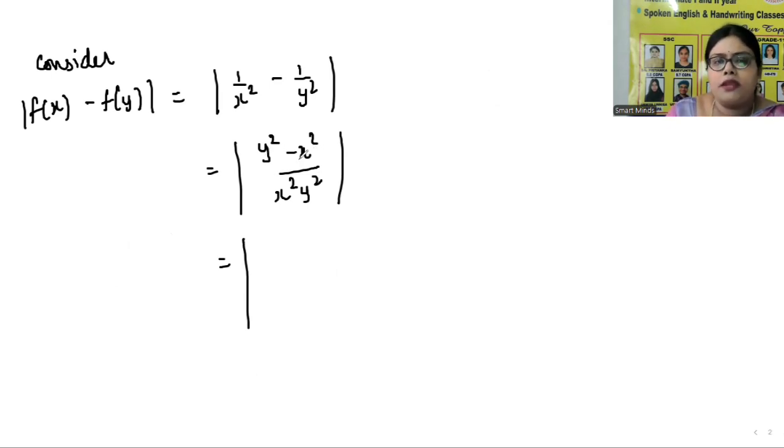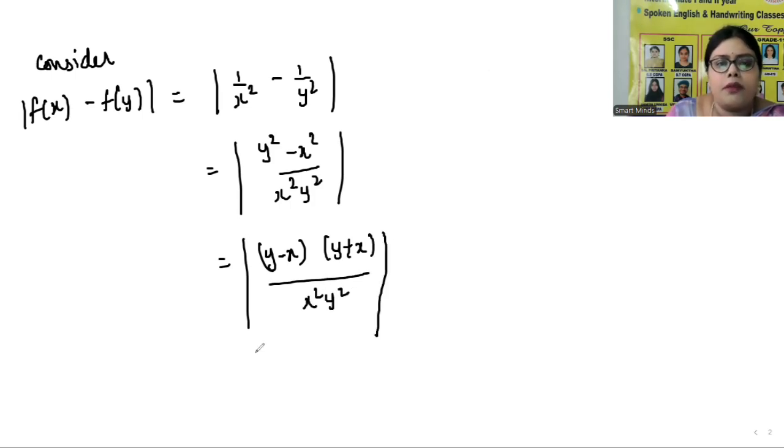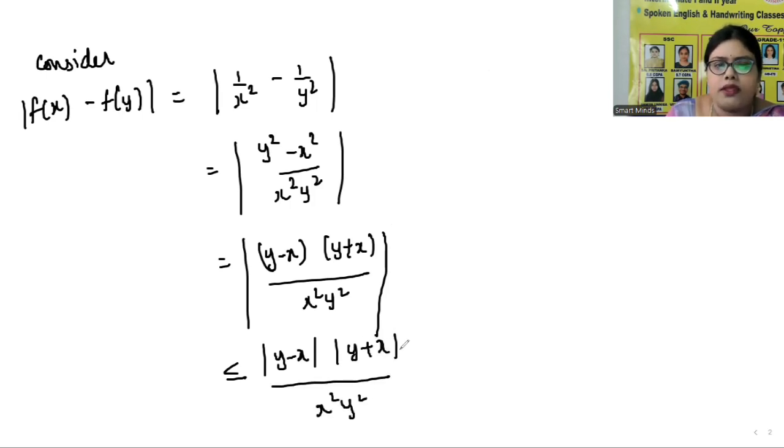We can write it as a plus b into a minus b. So y minus x into y plus x by x square y square. Now to separate them, we can write less than or equal to mod y minus x mod y plus x by x square y square.